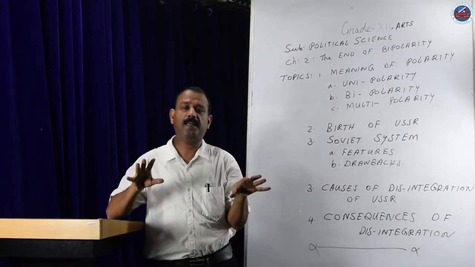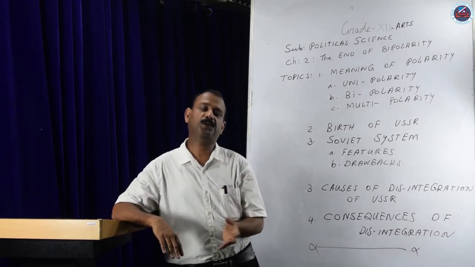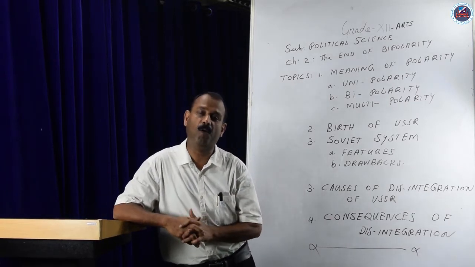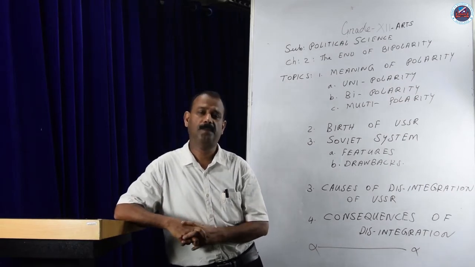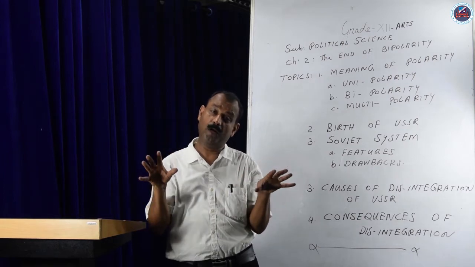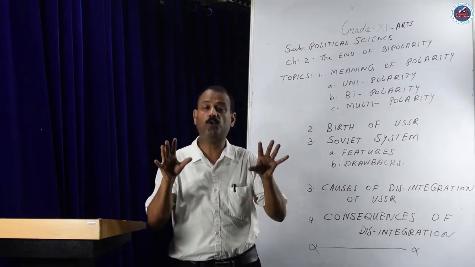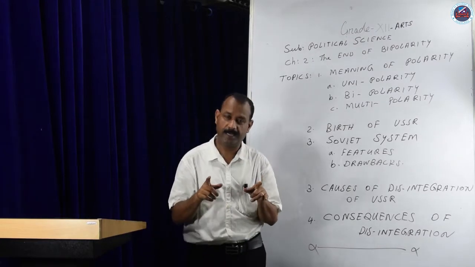In order to understand the meaning of polarity, let us go back to the first chapter where we learned about the Cold War. You know very well, during the Cold War, the entire world was dominated by two powerful states, the US and the USSR.